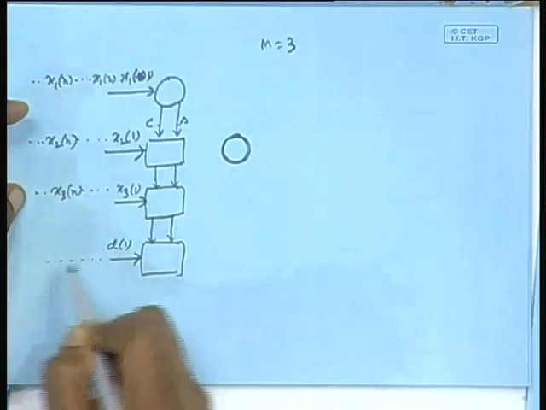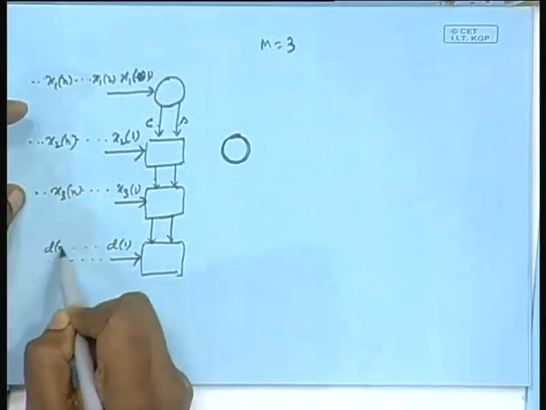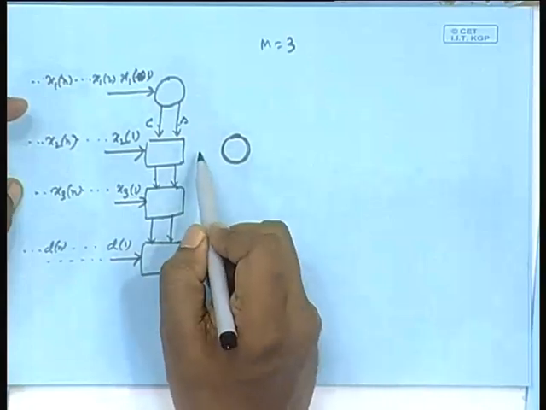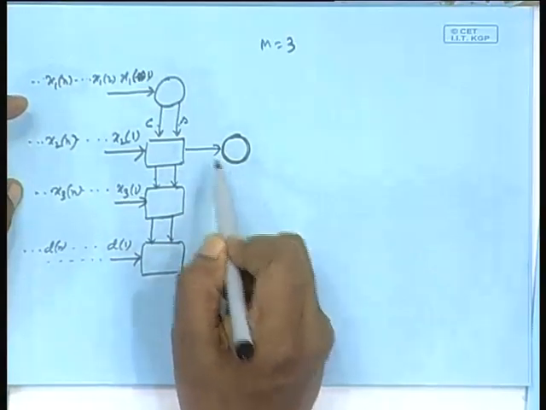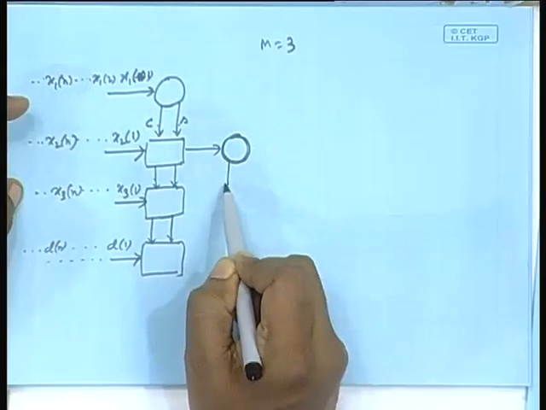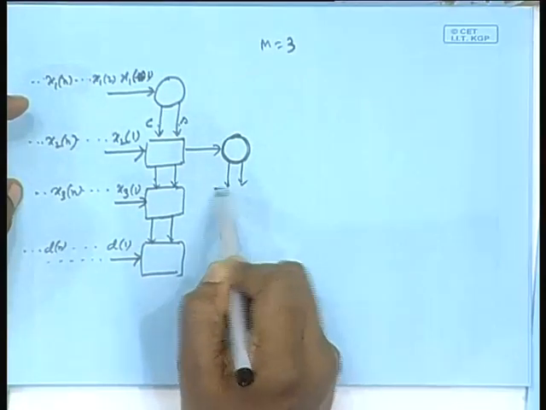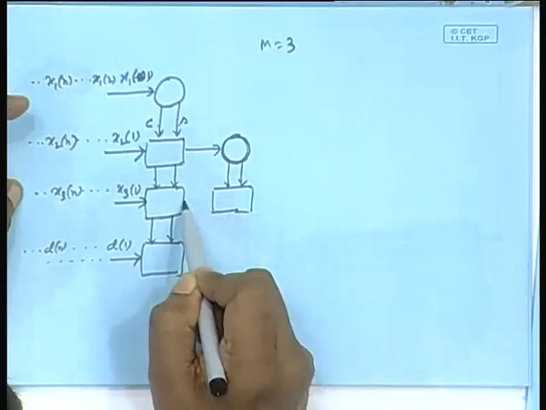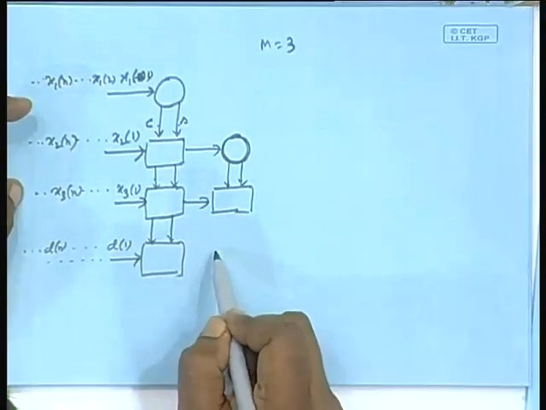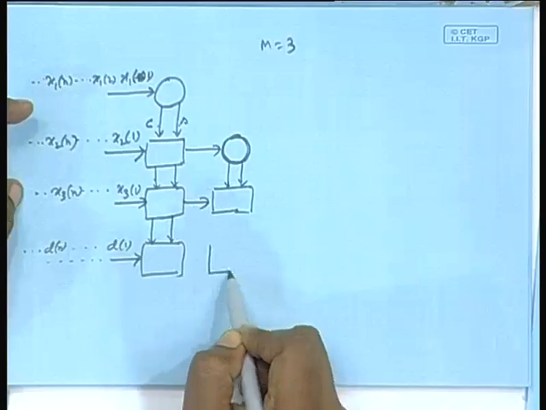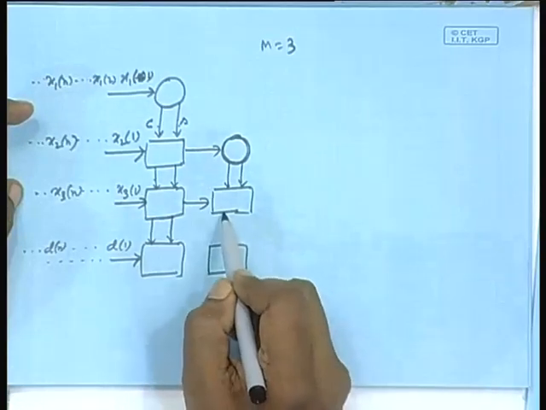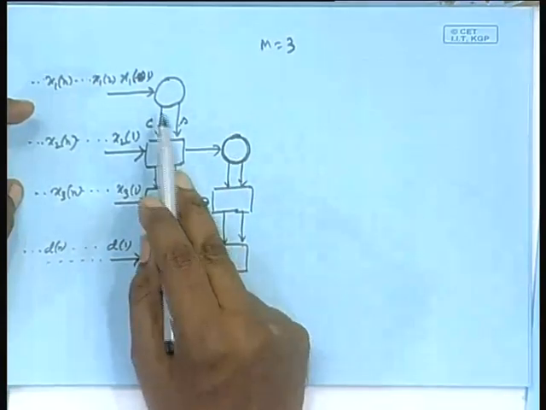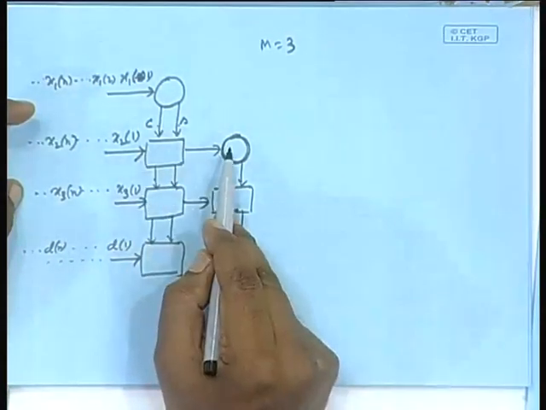Here it is D1 dot dot dot Dn. Remember this one, since I have told you it is the same type of processor, what will it do?